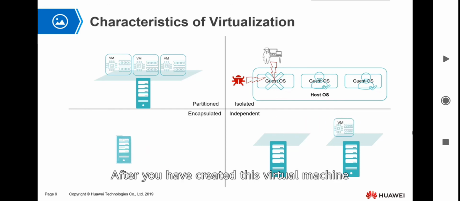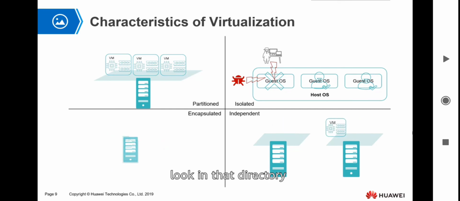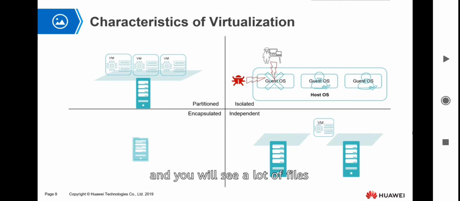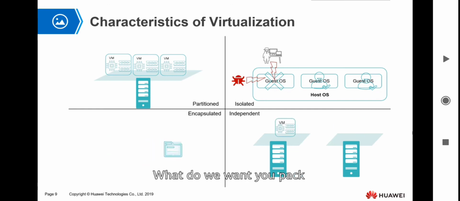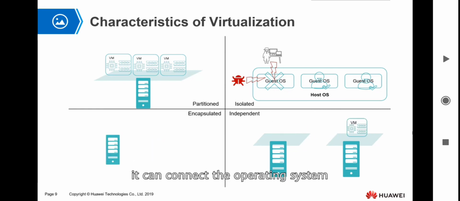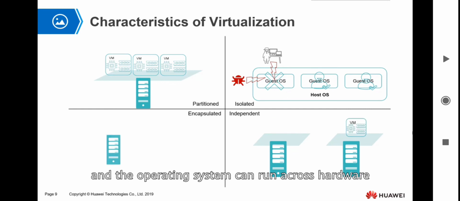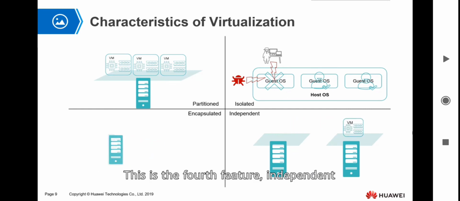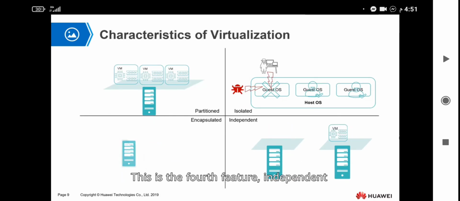After you create the virtual machine, look in the directory and you will see a lot of files. This is actually a package. Why do you want to package? After the packaging is complete, it can connect the operating system and hardware, and the operating system can run across hardware. This is the fourth feature, independence.